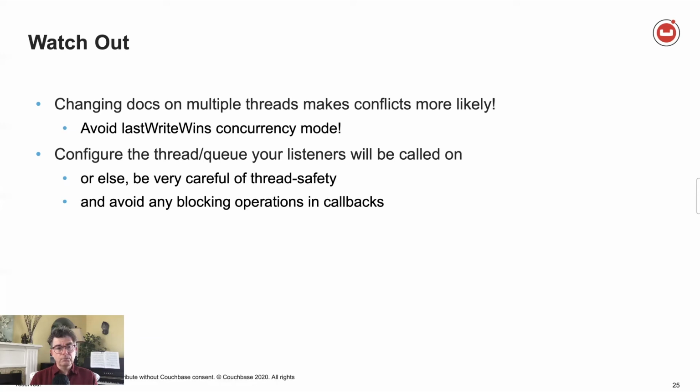One of the best things you can do, and again, this varies by platform, is to tell the database or the query or whatever what thread or dispatch queue to call listeners on, and set that to be the queue or thread that you're doing your work on. That way you won't have problems like that.